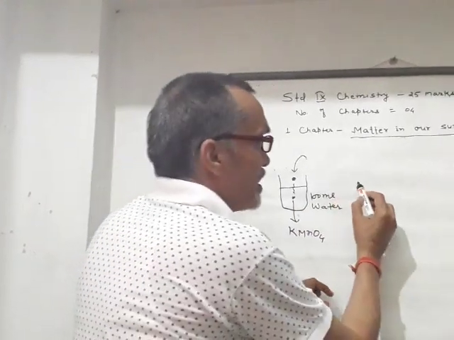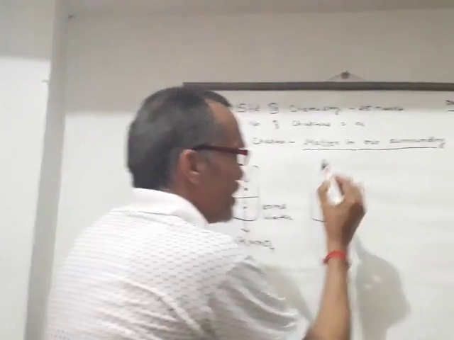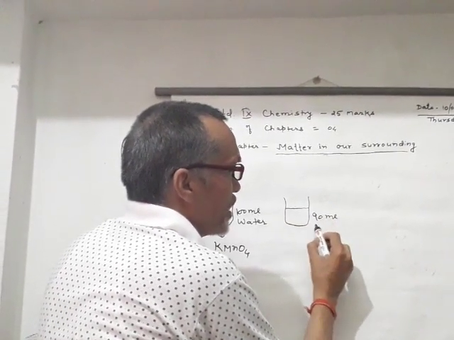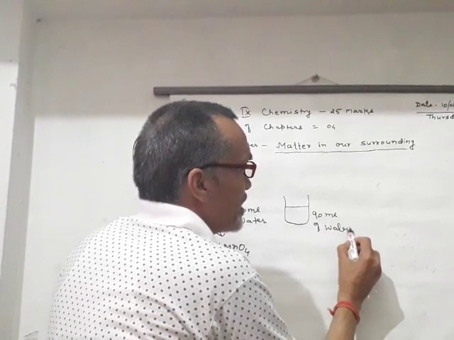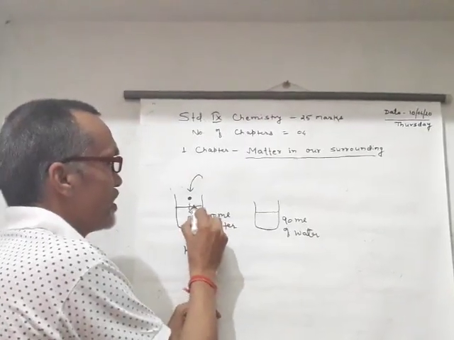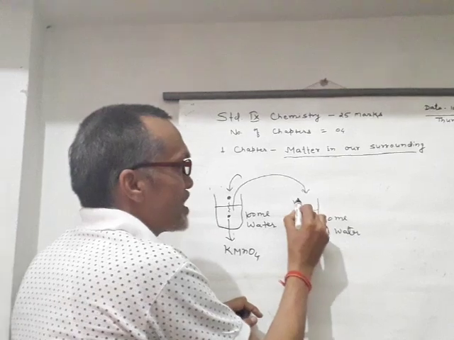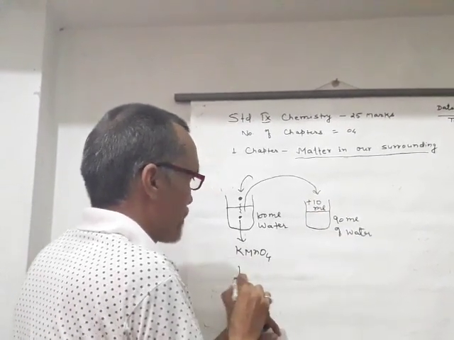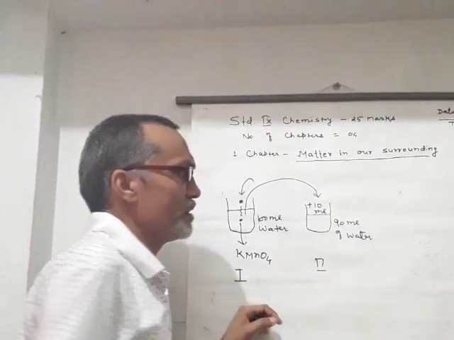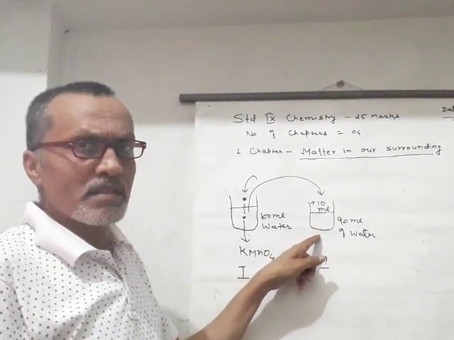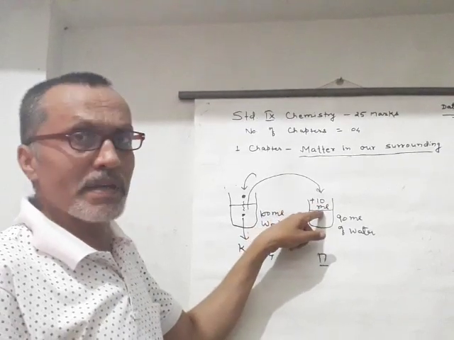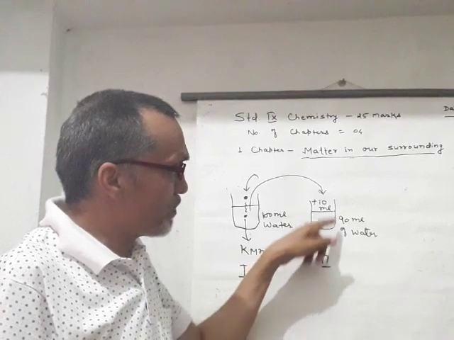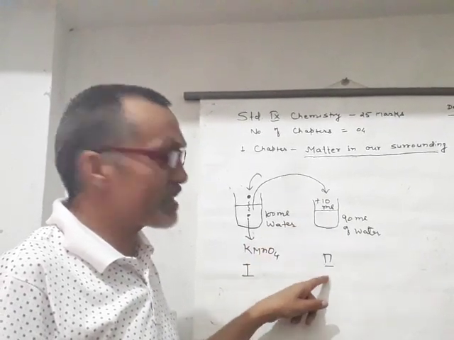Now take another beaker, and in this beaker you take 90 ml of water and add 10 ml solution from the first beaker. In the second beaker, when you add 10 ml solution, the color of water also gets changed.